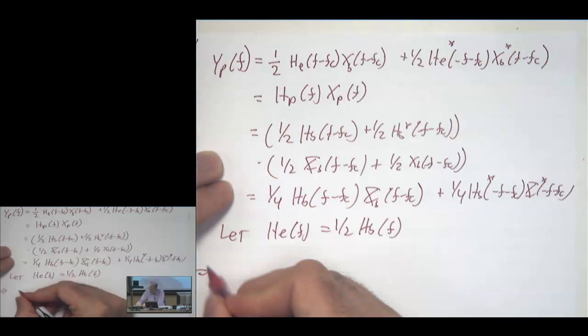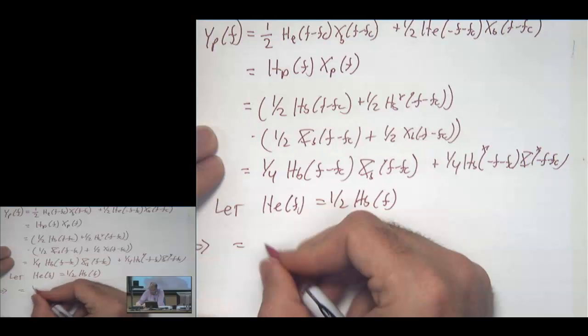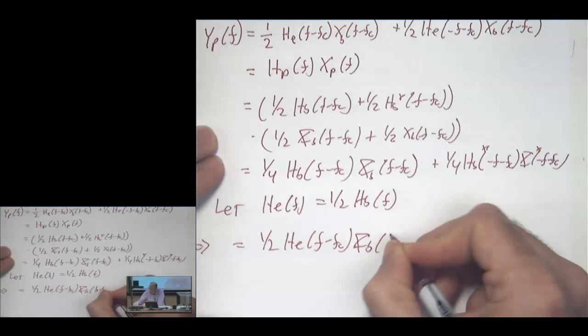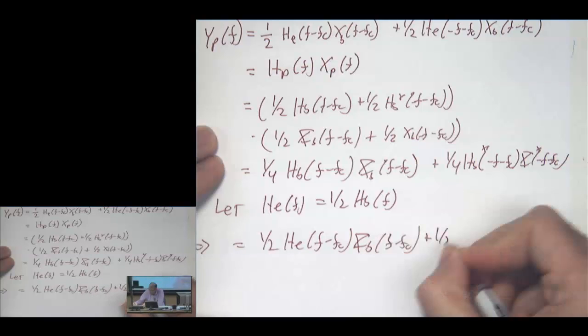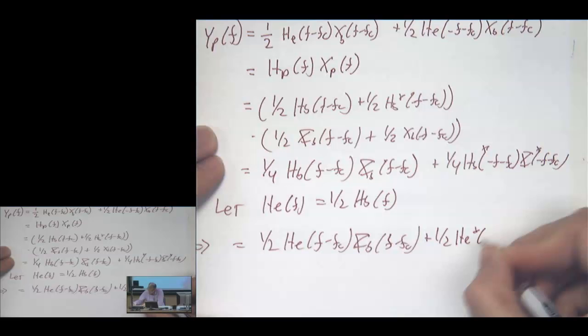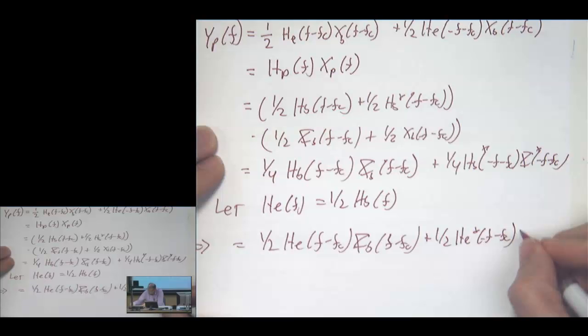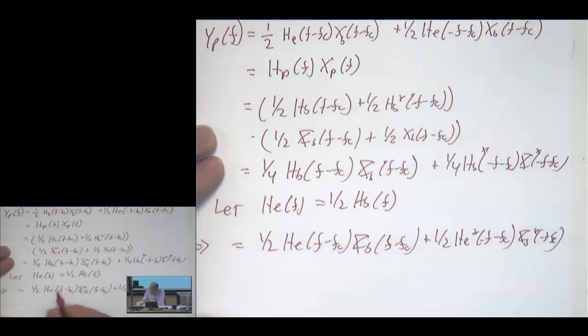Then we get this being equal to 1/2 H_e of f minus f_c X_b of f minus f_c plus 1/2 H_e conjugate of minus f minus f_c X_b star of minus f minus f_c here. And this is essentially where the 1/2 comes in.